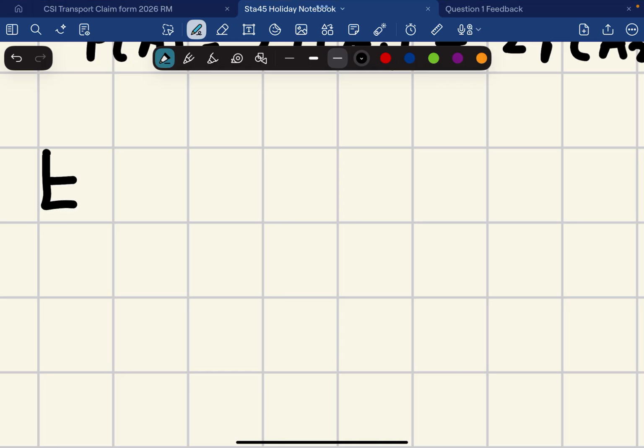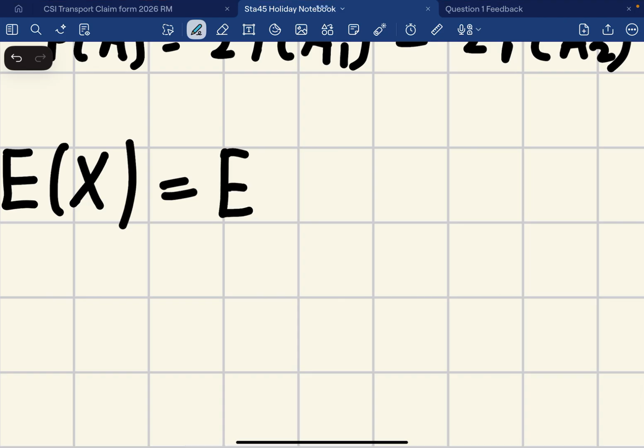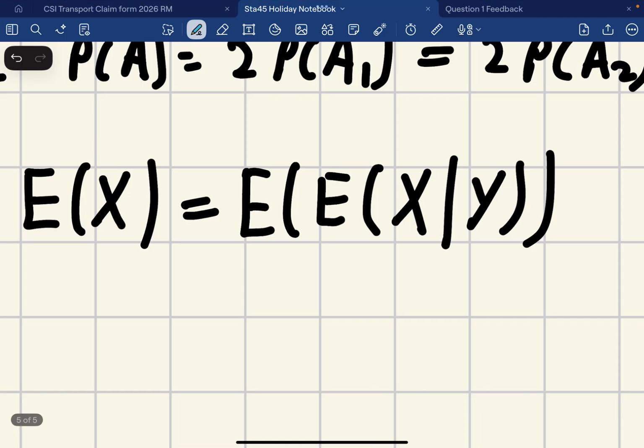That the expectation of the random variable X is the same as the expectation of the expectation of X given Y. How do we know this? Because this is the law of total expectation, right? And there's a proof for it.